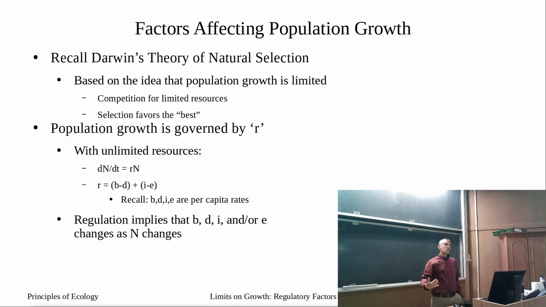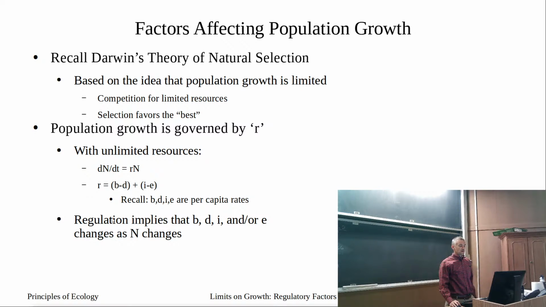Our populations are regulated. So as our populations start to become regulated by perhaps our limited resources, then what we're going to see is a change in this intrinsic rate of growth, a change in this r. How does it change? Or why does it change?